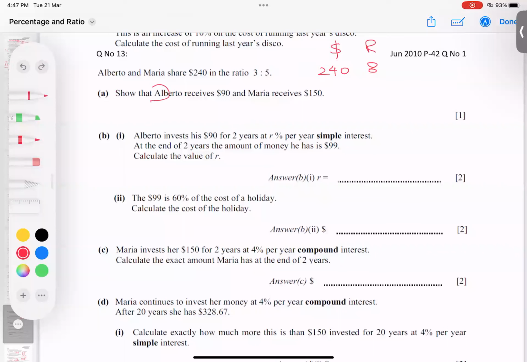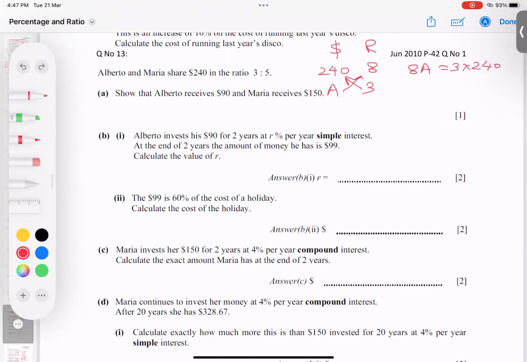So very interesting part, total money, total ratio. Now I'm looking for A's money, A for Alberto. I'm writing A. And A's ratio is what? A's ratio is 3. So I'm writing here 3 and cross multiply. Simple and clear. So 8 times A equal to 3 times 240. And this 8 will divide.